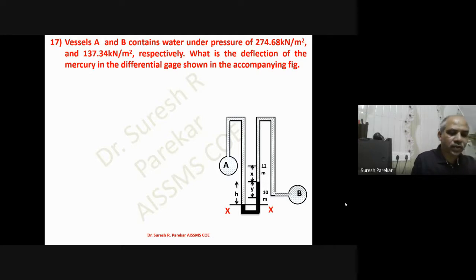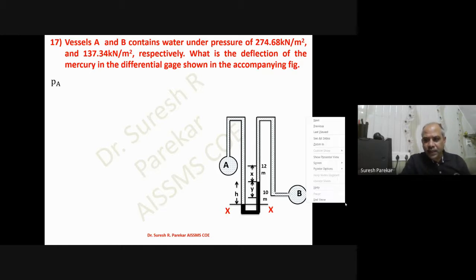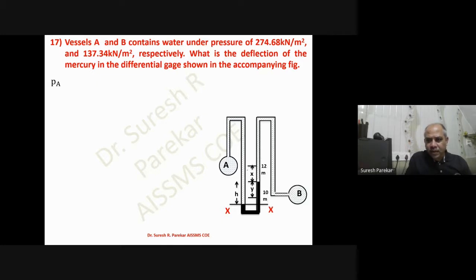So we are going to get this equation, that is PA. So we have PA over here, and then we have this point at the horizontal level. So from A, we will be directly over here. Then we have this as 12 meter and this as 10, meaning I have this distance.